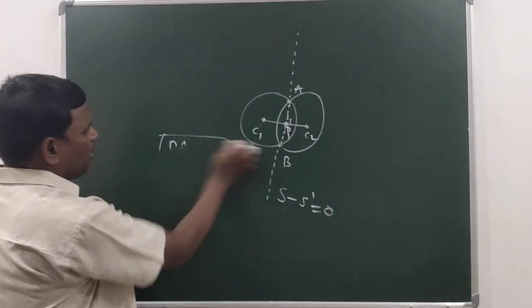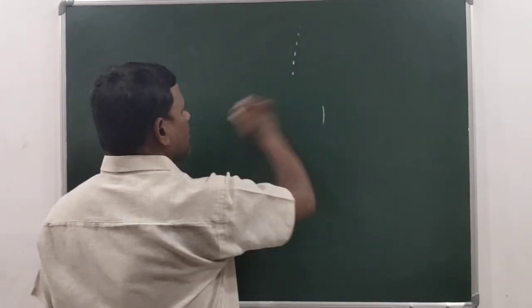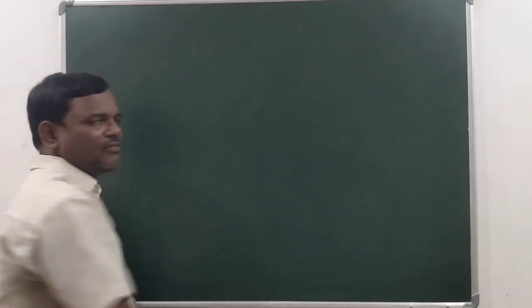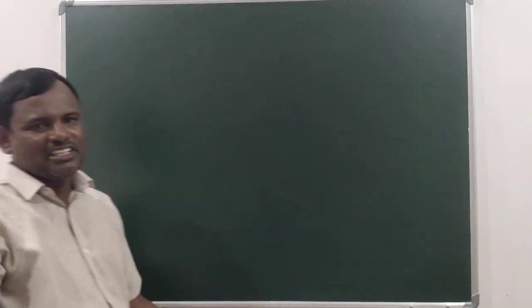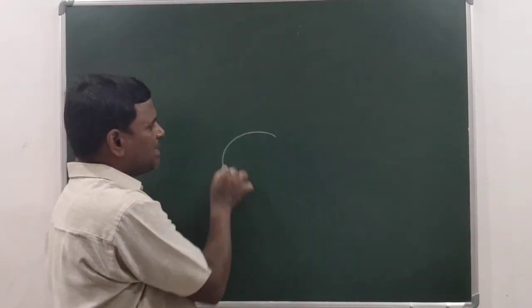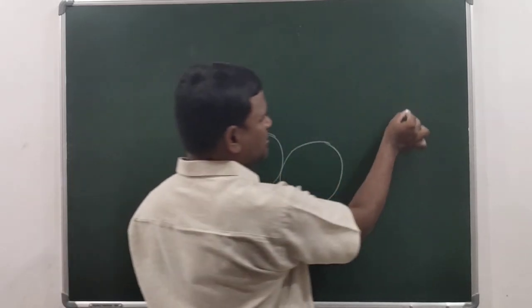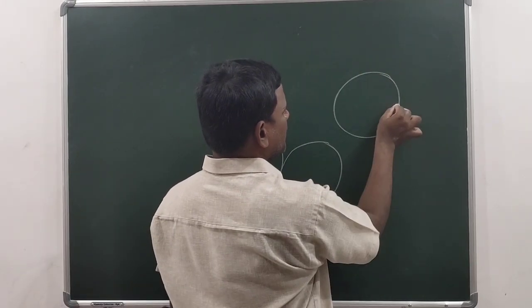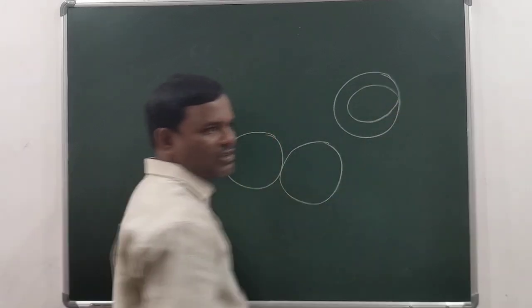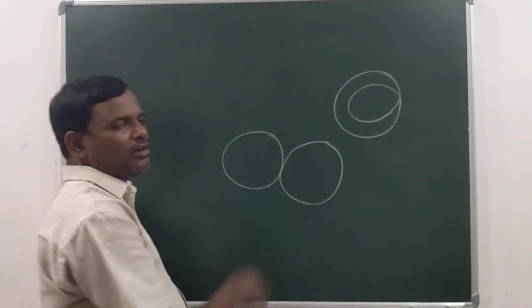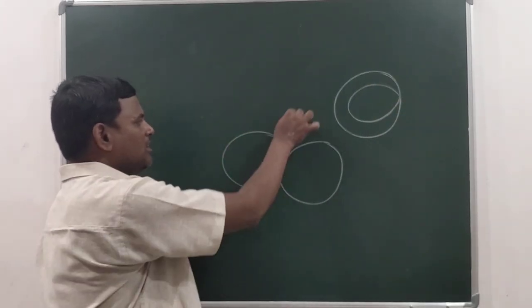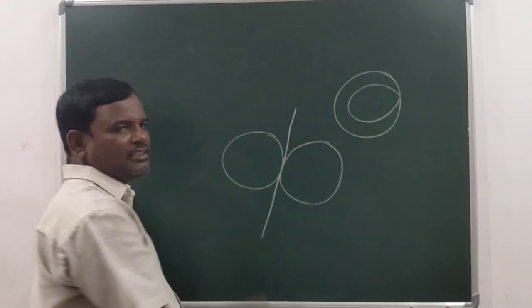Right. So now let us go to learn the radical axis of touching circles. Two circles may touch externally or two circles may touch internally. So for these touching circles, this is the common tangent.